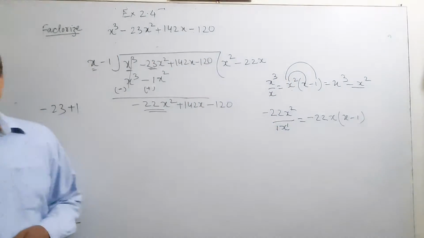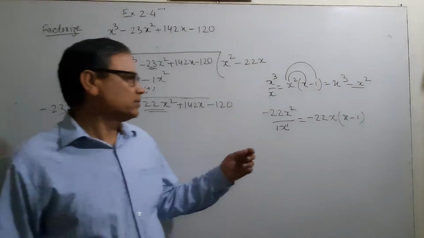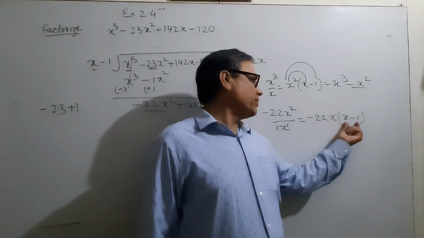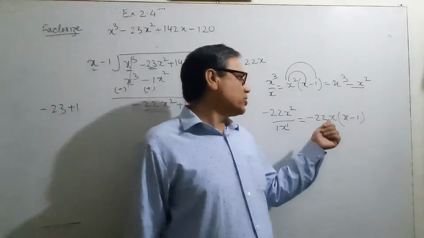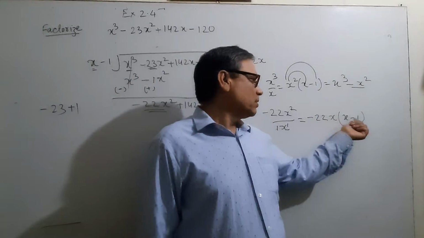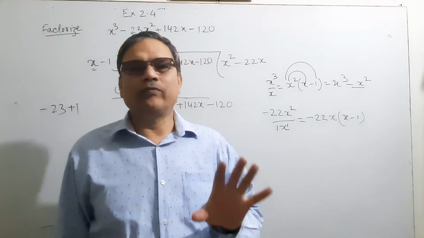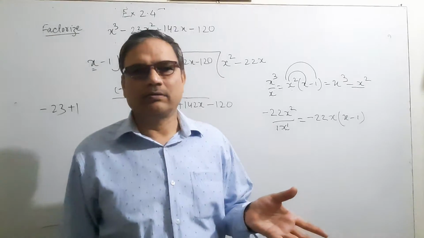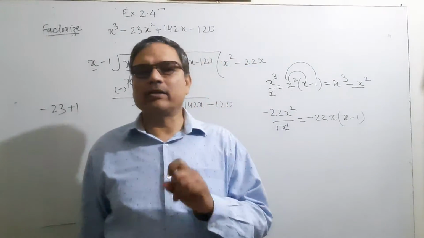And now again open the bracket. If we open the bracket, then each term inside the bracket is multiplied by minus 22x. Here is minus, which means the terms inside the bracket change their sign, only when a negative is outside the bracket.